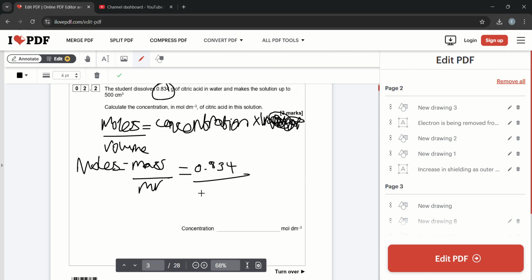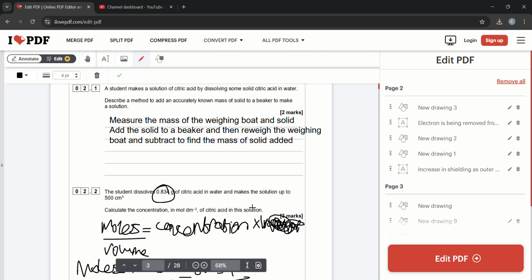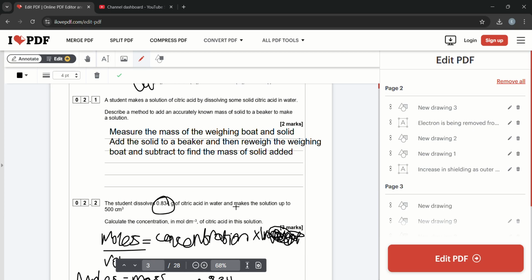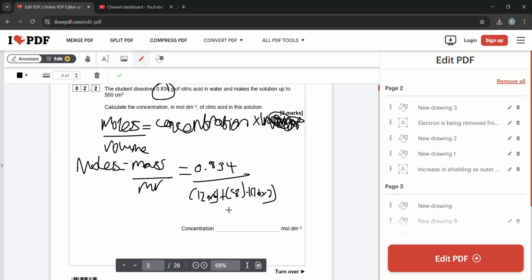So 0.834 over 12 times 6, plus 8, plus 16 times 7.